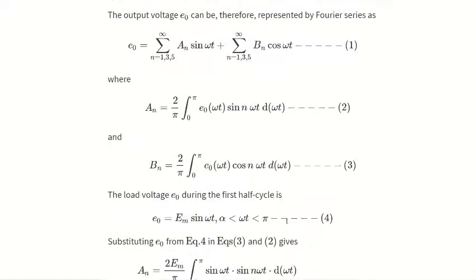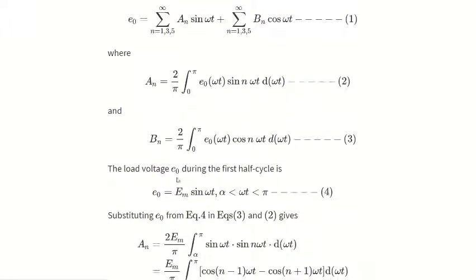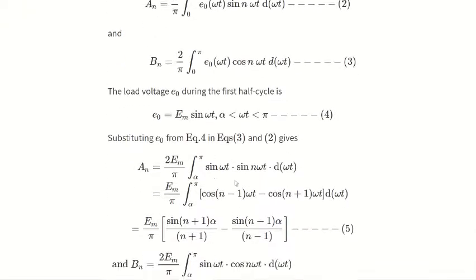Okay, so the load voltage during the positive half cycle, we know we get the output between alpha to pi, right? So E naught will be Em sin omega t between alpha and pi. Substituting all those limits here, An will be 2 Em by pi, alpha to pi, sin omega t into sin n omega t d omega t.